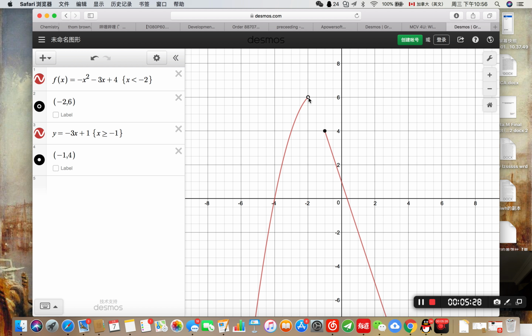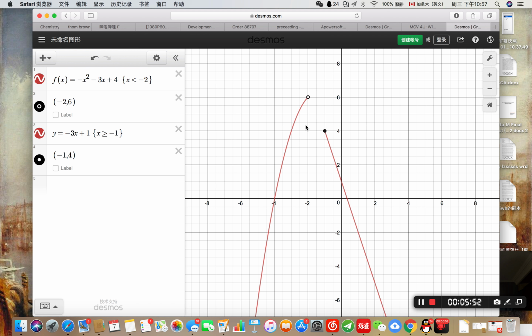So in that situation, you can find out the IRC at this point, because the preceding rate of change shows that it approaches 6, but from the following intervals it approaches 4.